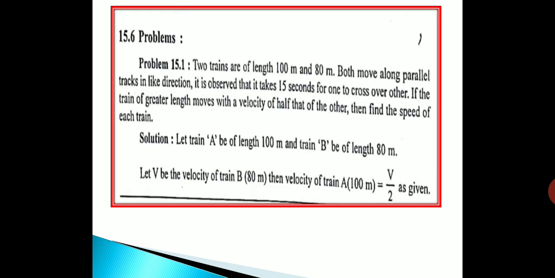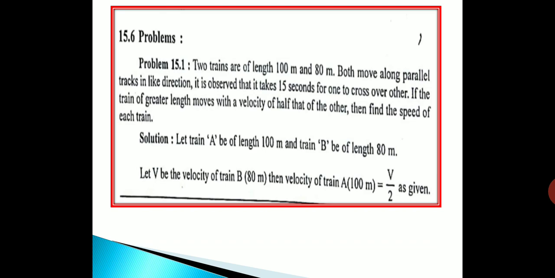So let us discuss a simple problem. It's a very simple basic level problem, just to further understand the concepts in detail. In this problem we have two trains. Say train A is of length 100 meters and train B is of length 80 meters.